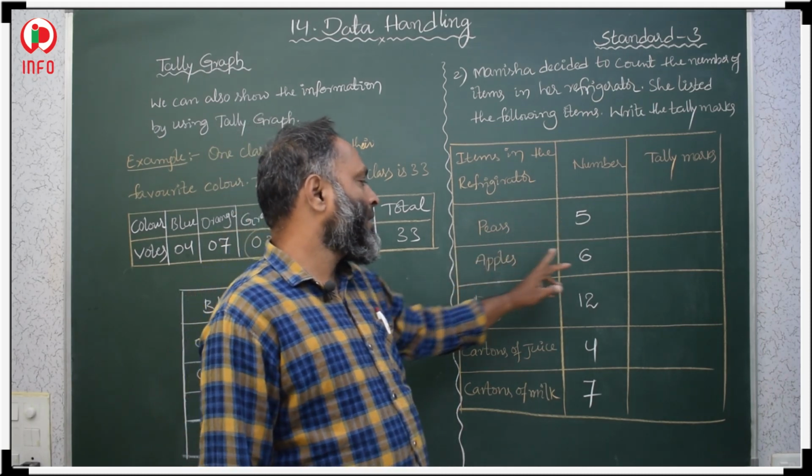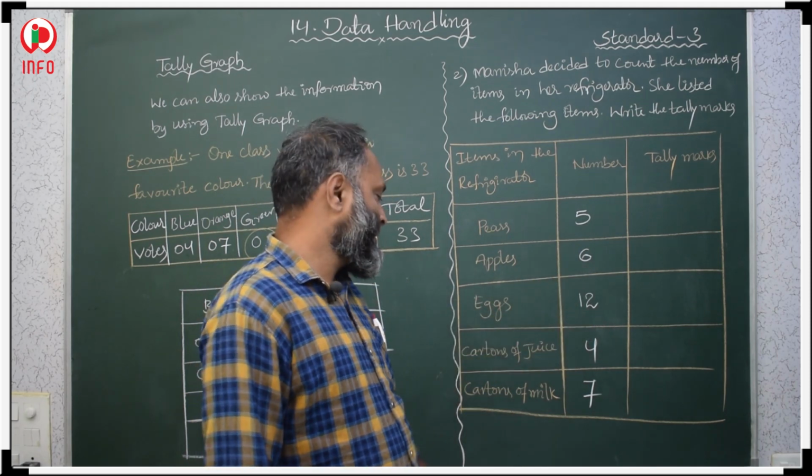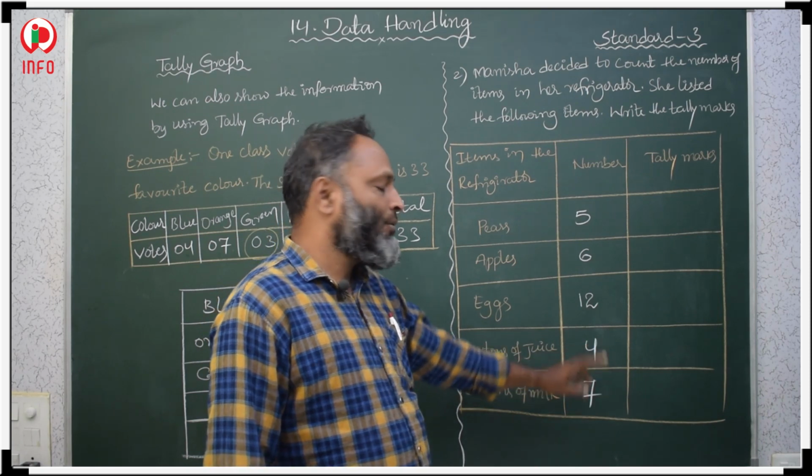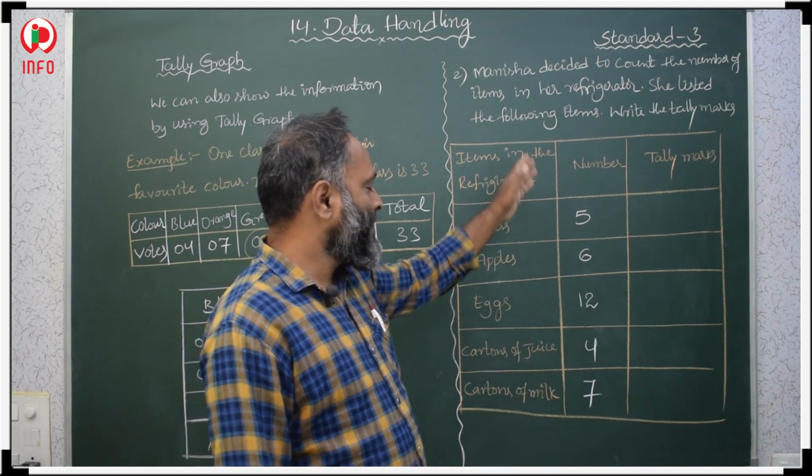Apples, how many? 6 apples. Eggs, how many? 12 eggs. Carton of juice, 4. Then carton of milk, 7. So this is what she listed.